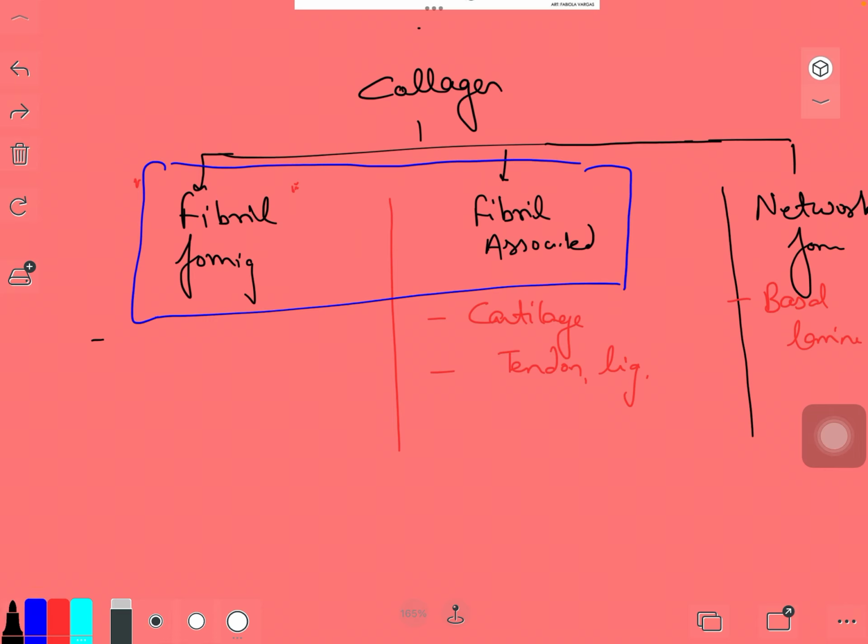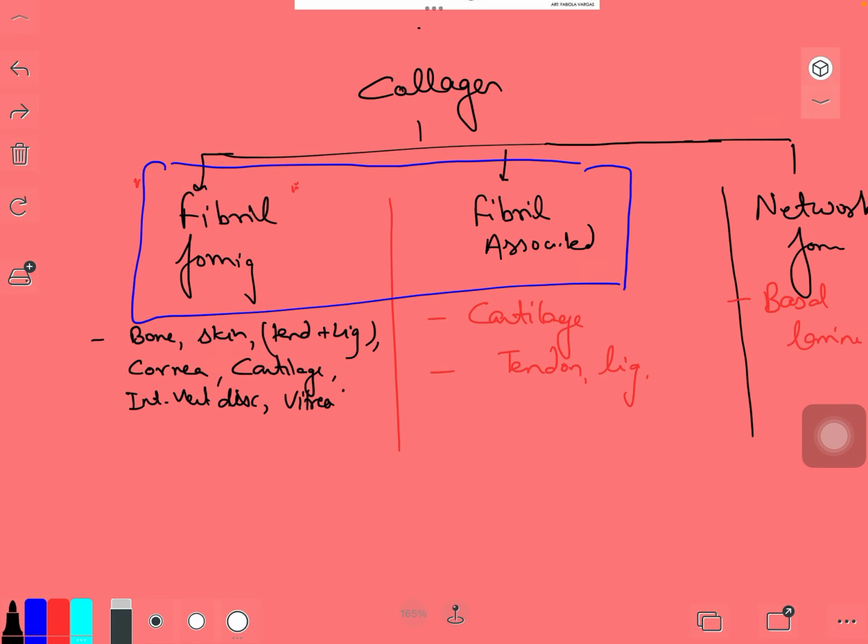The problem is that the fibril forming is widely distributed. It is present in bone, skin, tendons, ligaments, then cornea, then cartilage, intervertebral discs, vitreous humor, and even the blood vessel.